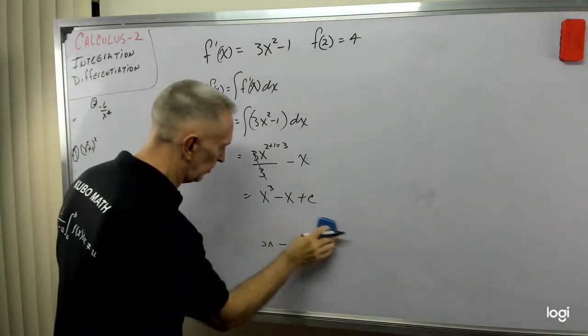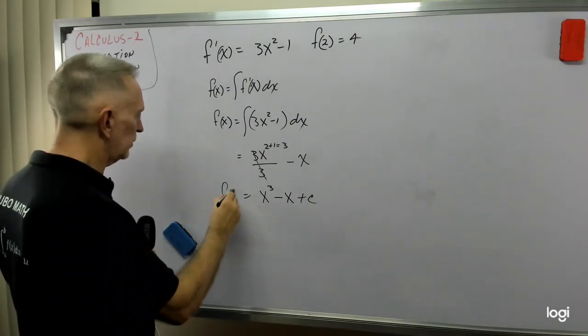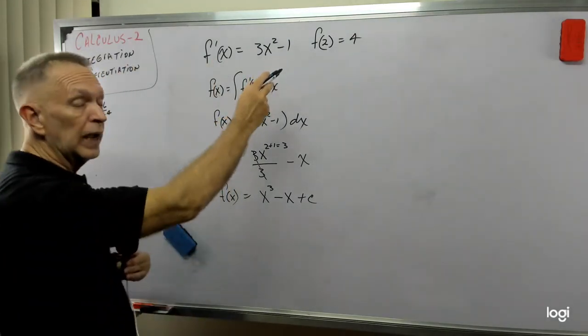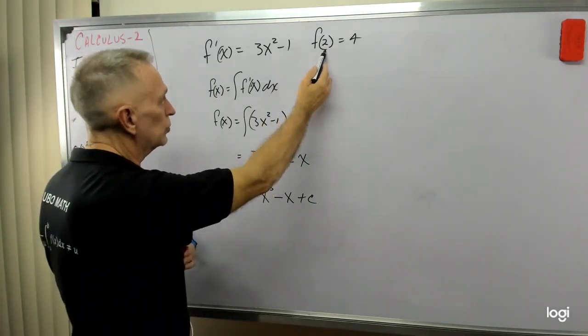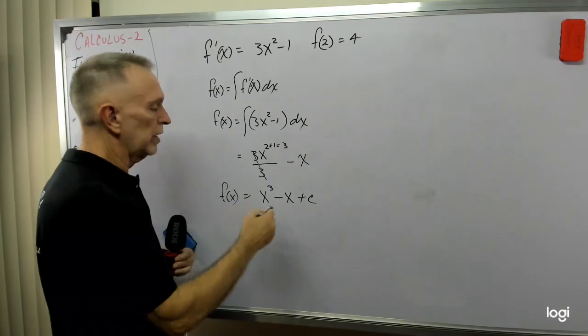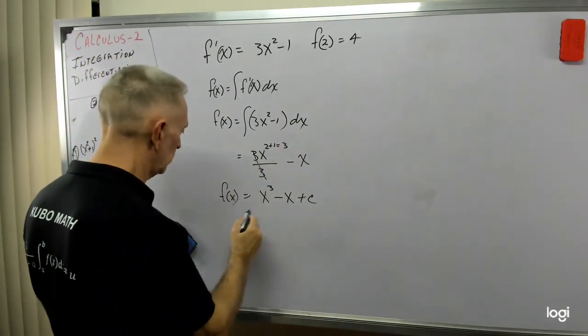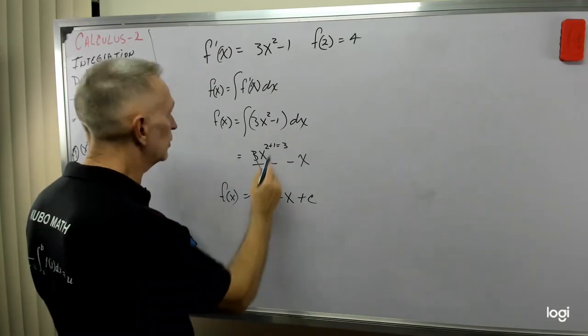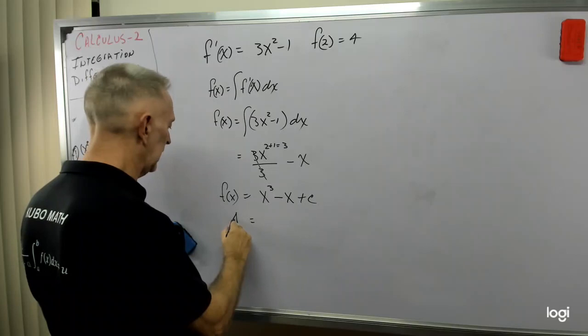So let me erase this. So that's f of x. Now we have an initial condition that says when x equals 2, the result of this equation equals 4. So f of 2, it's saying that everywhere there's an x, insert a 2. And that's going to equal 4.